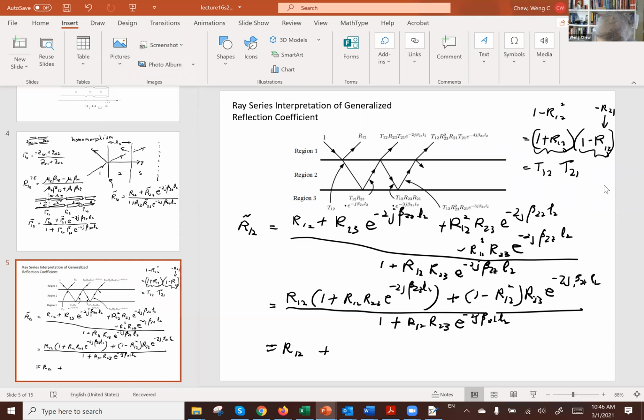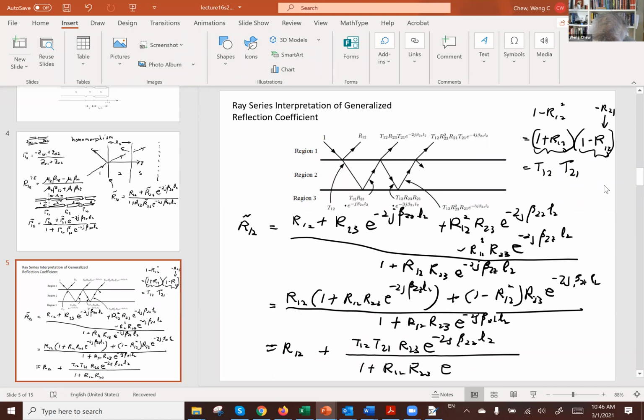And then what I have left is something like T12, T21, R23, e to the minus 2j beta 2z l2, divided by the same denominator. Okay, so you have this now.